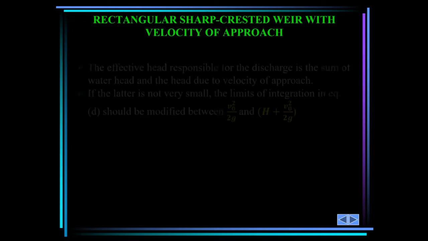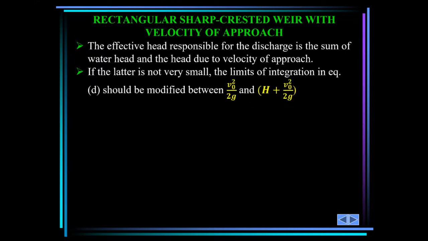If we want to include the velocity of approach, the effective head responsible for the discharge is the sum of the water head and the head due to velocity of approach.